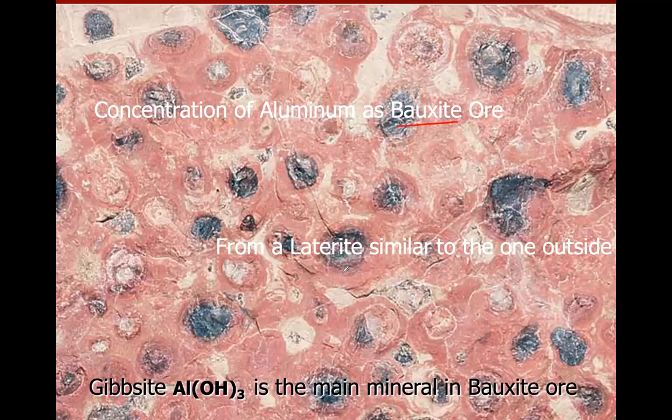So laterite is also here. And another composition is gibbsite. Gibbsite deposits can also be found related with the bauxite deposit. That is aluminium hydroxide, right? Bauxite is aluminium oxide.